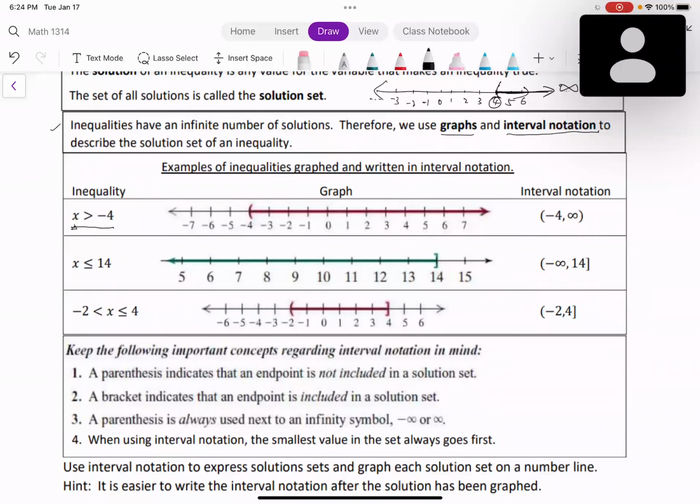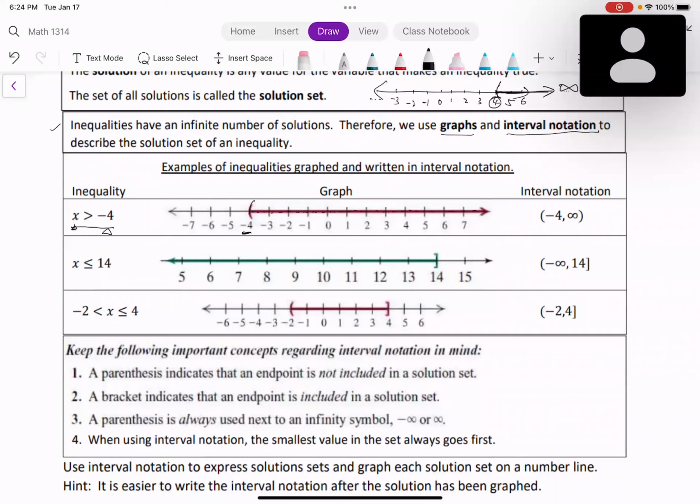X is greater. So find -4 first, and then all the numbers on the right-hand side of -4 are the solution. So find -4 on the number line. All the numbers here must be greater than -4.